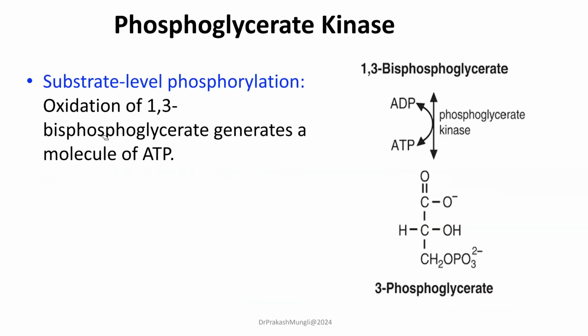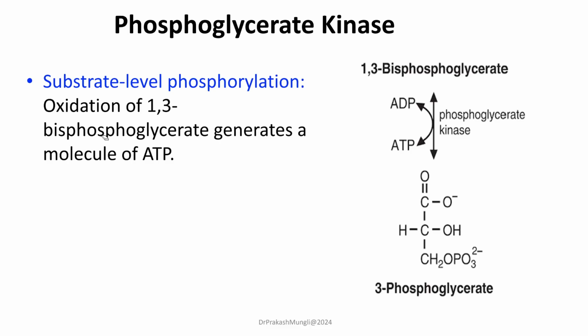Remember that. Coming to the very first substrate level phosphorylation in glycolysis. You know what is the meaning of substrate level phosphorylation now? When the substrate is converted to product, there is a generation of ATP. There is a phosphorylation of ADP with Pi to make ATP. Right? So your previous product, previous reaction is 1,3-bisphosphoglycerate.